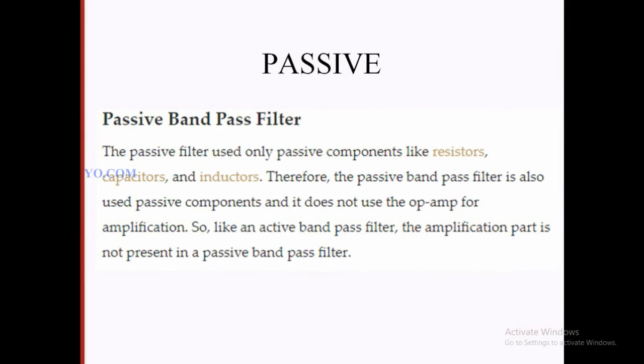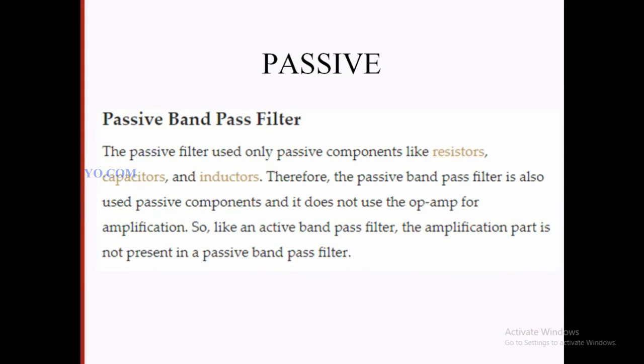Then the passive component. The passive band pass filter is made of resistors, capacitors and inductors. Therefore, the passive band pass filter uses only passive components and does not use any operational amplifier for amplification, but the active band pass filter uses an operational amplifier for amplification.